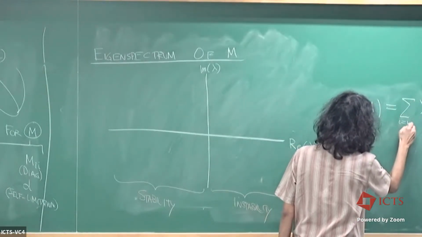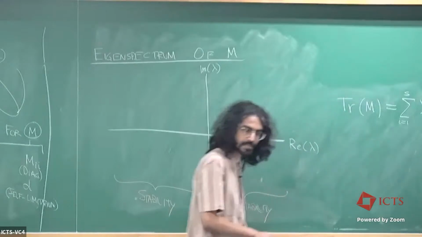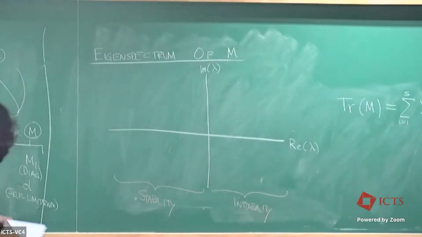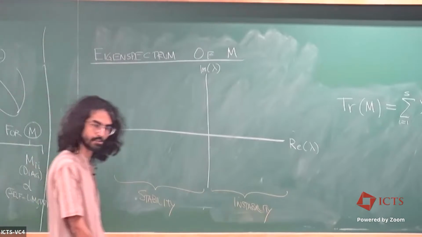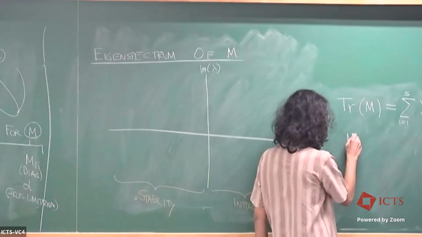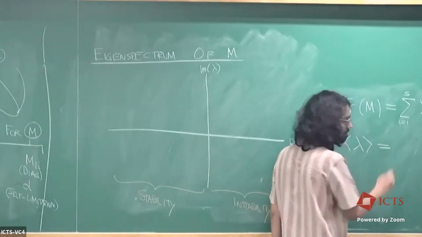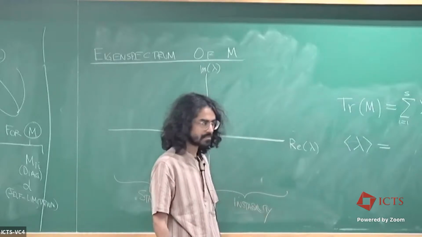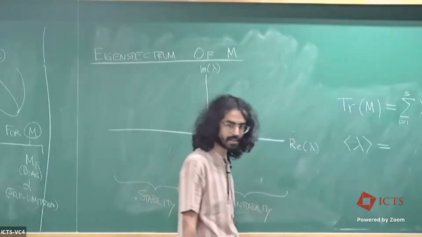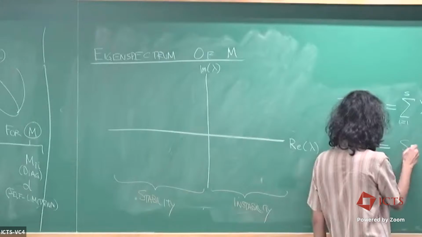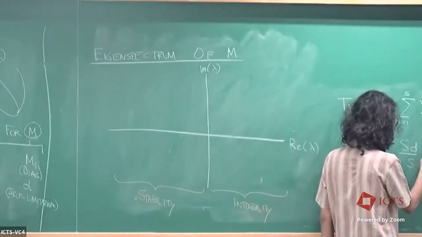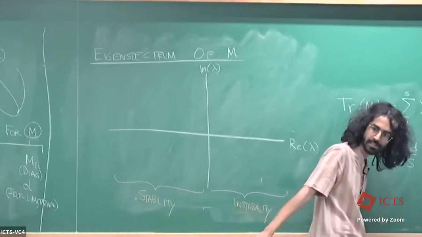That's i going from 1 to S. What's the trace of May's matrix? D times S, right? What about the mean eigenvalue? That's the trace divided by S, right? So that's SD divided by S, and that's just D.